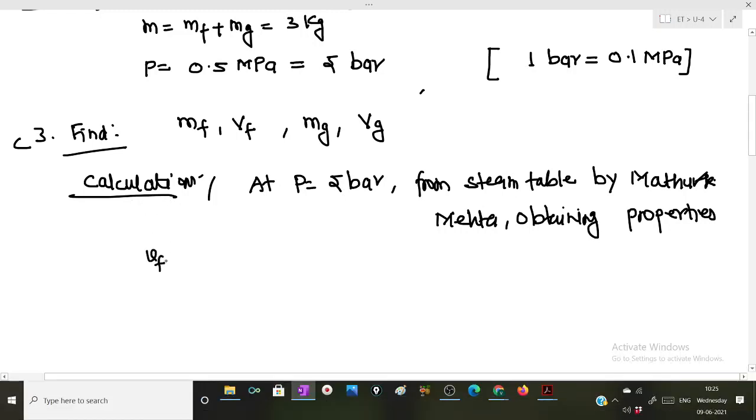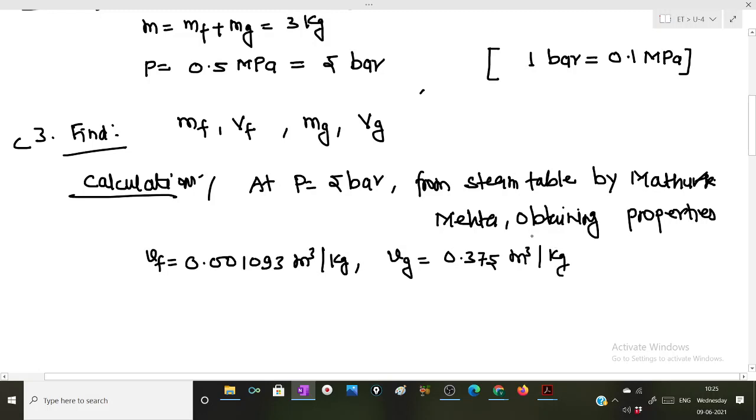First one is Vf and this value is 0.001093 meter cube per kg, and Vg is equal to 0.375 meter cube per kg.